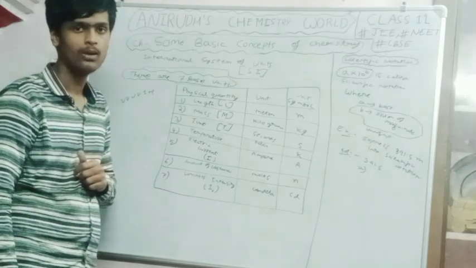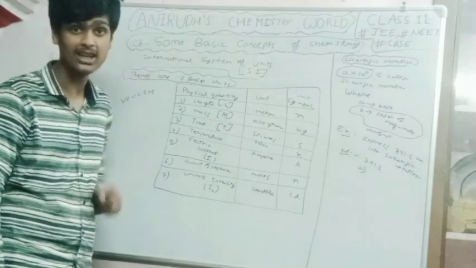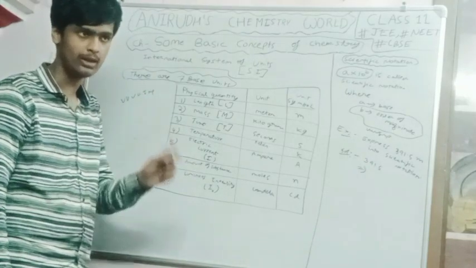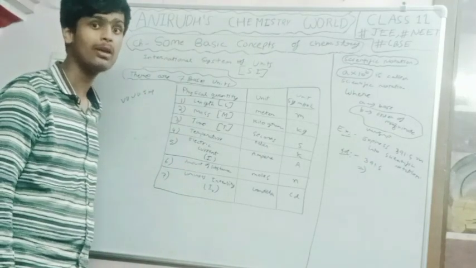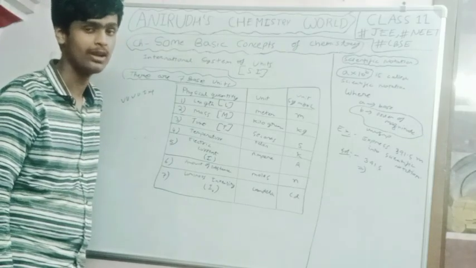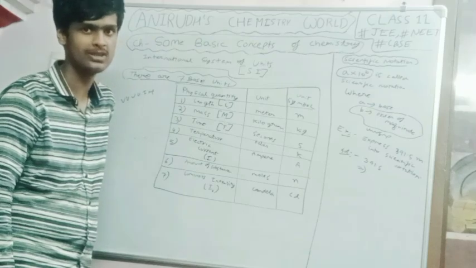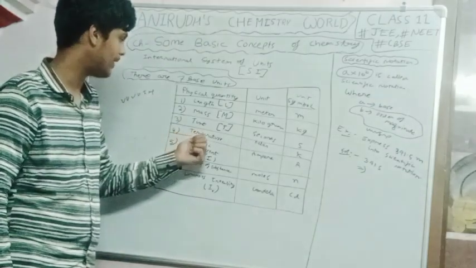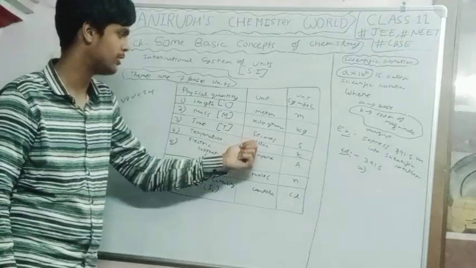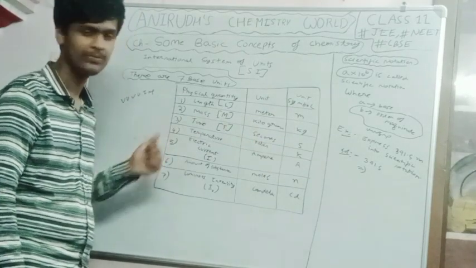And temperature: you will have the SI unit Kelvin. In chemical labs you will have thermometers, and there you will not see Fahrenheit or Celsius, you will see Kelvin only. So temperature is always expressed in Kelvin, symbolized as K.